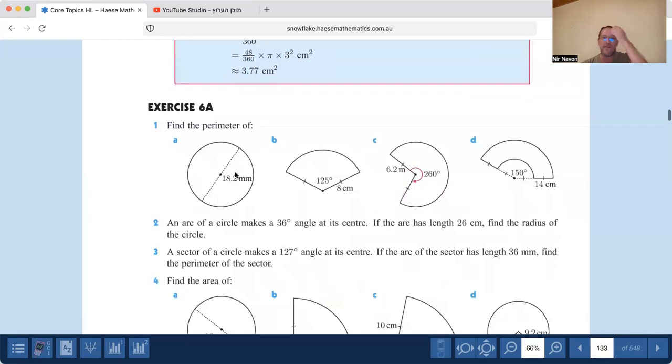So here we have finding the perimeter of the whole circle in this case, where this is the diameter. Here, using the formulas that we've seen, here is still the same 260 over 360 times the radius to give us the perimeter, plus 6.2, and another 6.2.